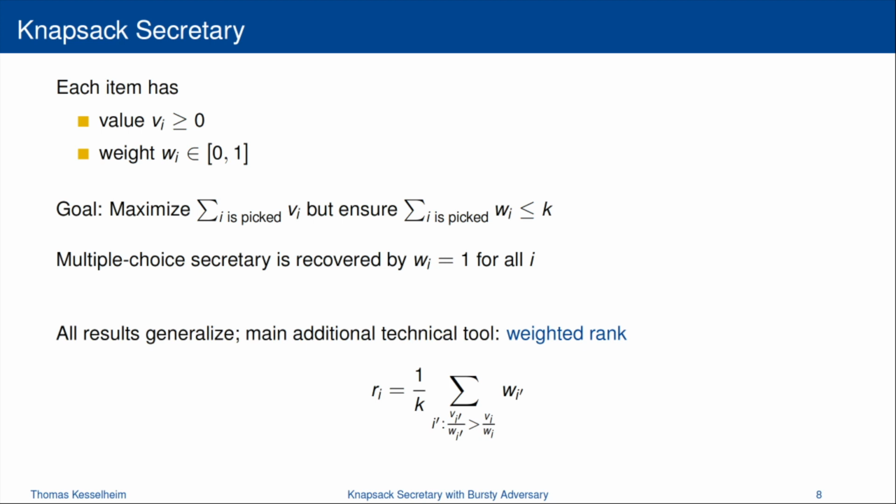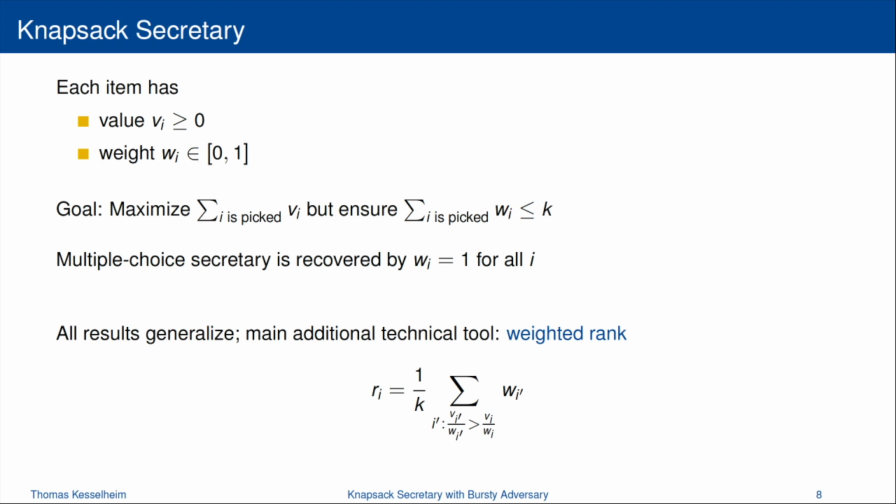So this means the fractional greedy algorithm picks item i if and only if its weighted rank is at most 1. And by pick, I mean it picks it at least to some fraction. If a weighted rank is 2, then it would only start picking the item if the knapsack was at least double the size.